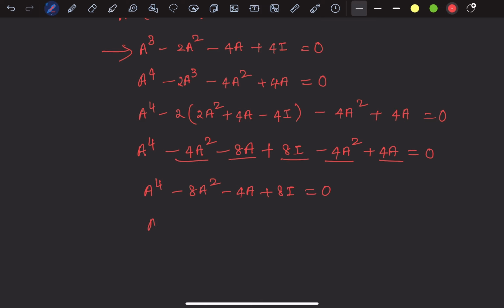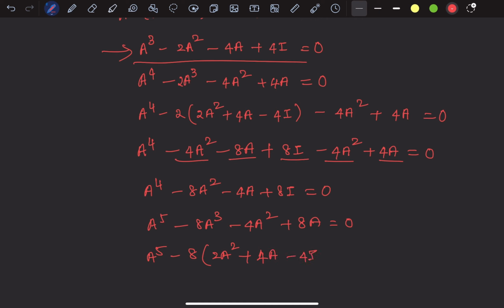Again multiply on both sides with A. That will give us A power 5 minus 8A cube minus 4A square plus 8A is equal to 0. So A power 5 minus 8, again from here A cube can be written as 2A square plus 4A minus 4I, minus 4A square plus 8A is equal to 0.